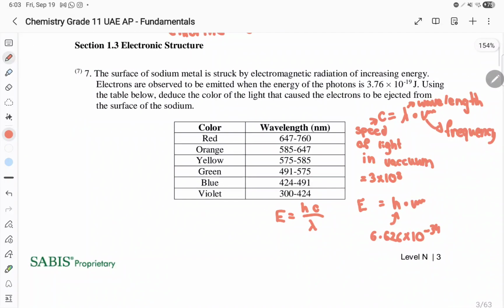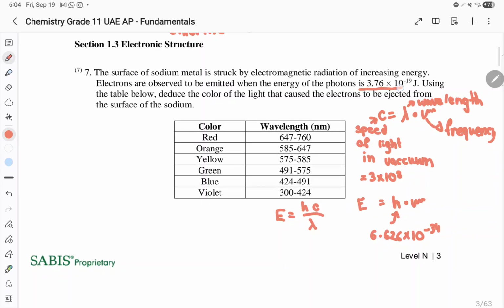So now, they gave us the energy. We do not have a frequency, and they want the wavelength. So we have to use this equation.